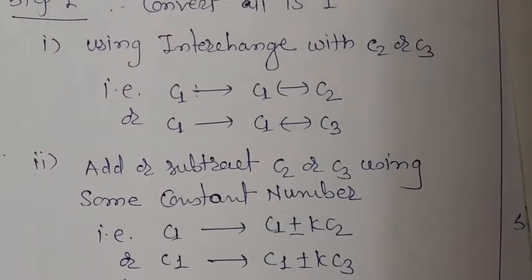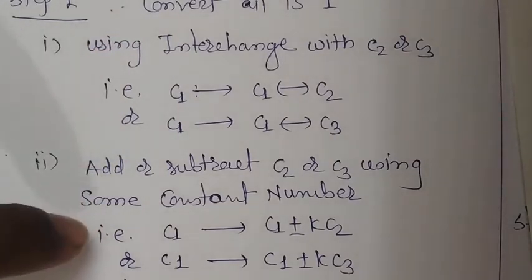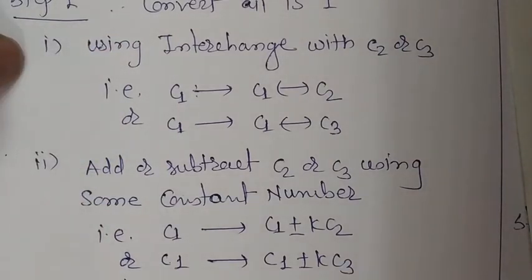Now next, if two conditions fail, case 1, interchange fails and add and subtract also fails. For example, if 2, 2, 2 are there, then all numbers are the same, so you can't add or subtract. At that time you use the third step, after these two fail.